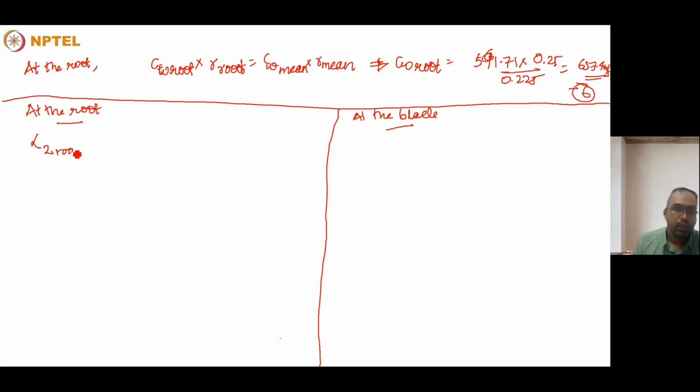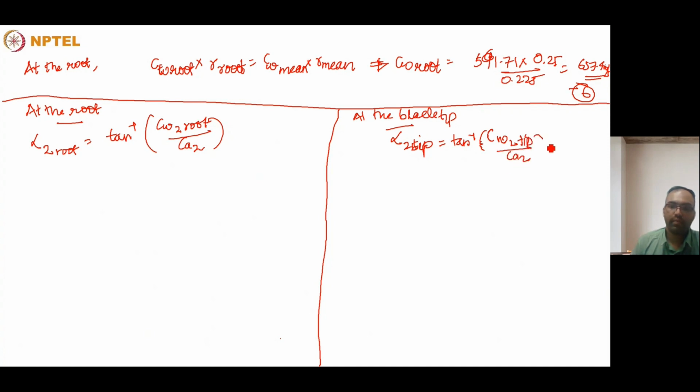Alpha 2 at the root is equal to tan inverse of CW2 root divided by CA2. CA remains a constant throughout for the axial turbines. Alpha 2 at blade tip will be equal to tan inverse of CW2 tip divided by CA2.